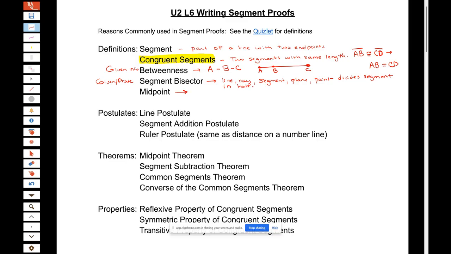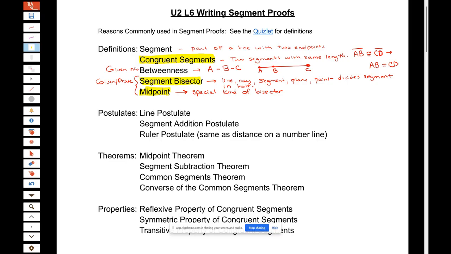And then a midpoint, of course, is a special kind of bisector where it's a point. We know what a midpoint is. So these kinds of things could be in the given and prove information. All of these are definitions. So if you use them in a proof, over to the right you'll write definition of these things. So you'll use these too.